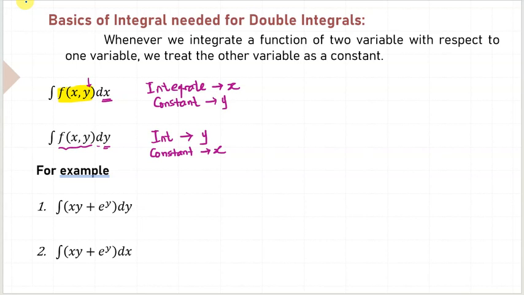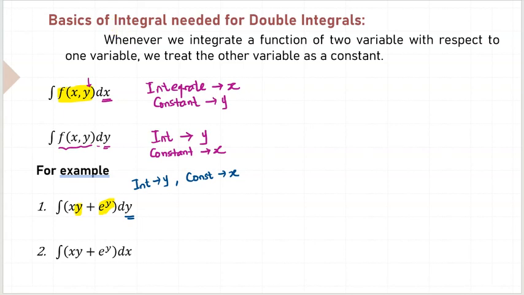Now in this question, we have xy plus e power y, dy. As you have dy here, it means you have to integrate with respect to y. And you see the variable x, so you have to treat that x as a constant. What you will be integrating here is e power y and only y.